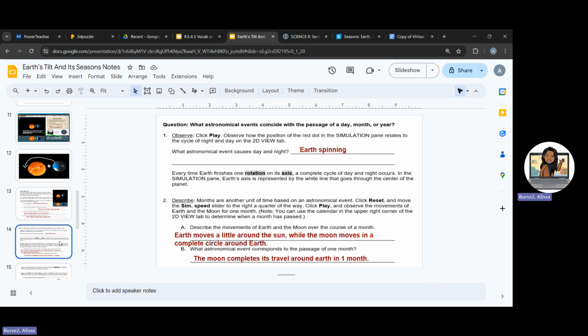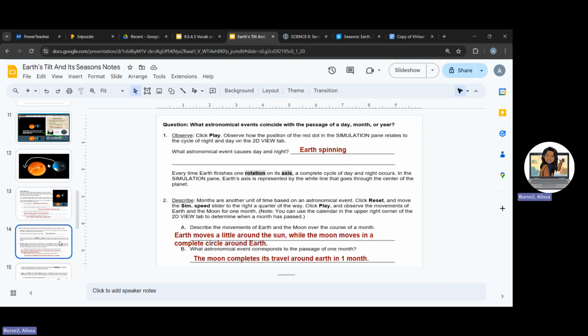So when we get to see day and night, it's because the Earth is spinning on its axis. We know that the Earth is going to move a little bit around the sun, but the moon is going to move quicker around the sun. So it's going to complete a lot of circles around the Earth before the Earth finishes taking its lap around the sun.